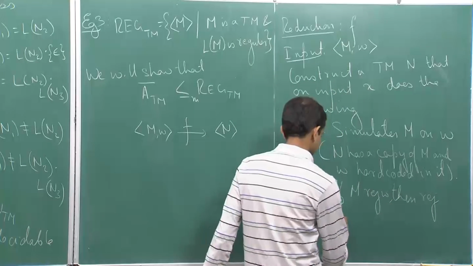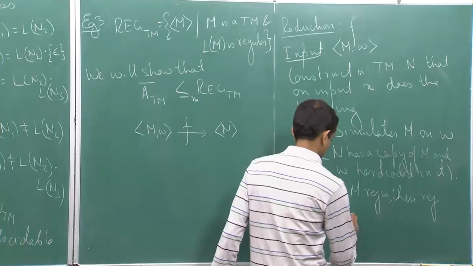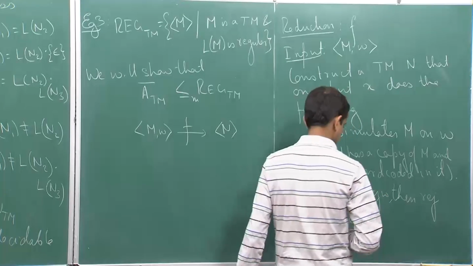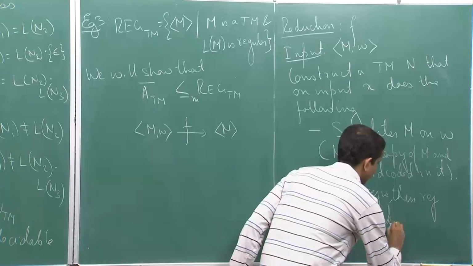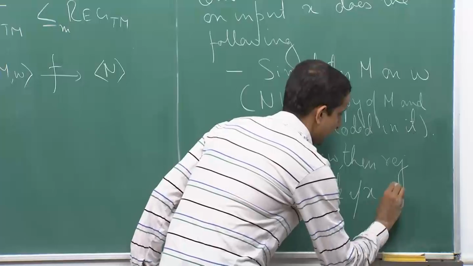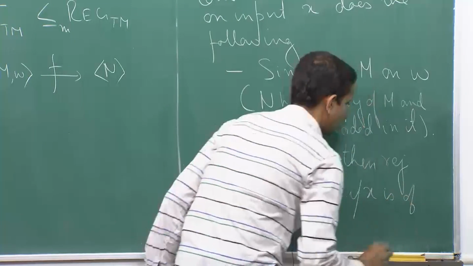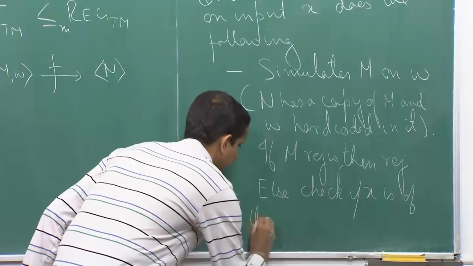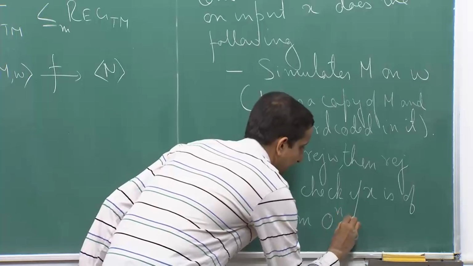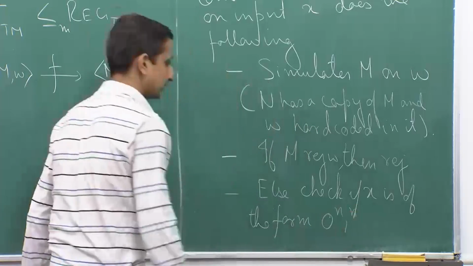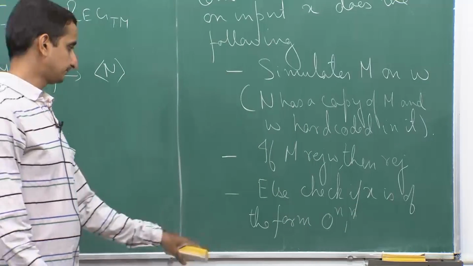Otherwise, else check if x is of the form 0 to the power n 1 to the power n. Okay.